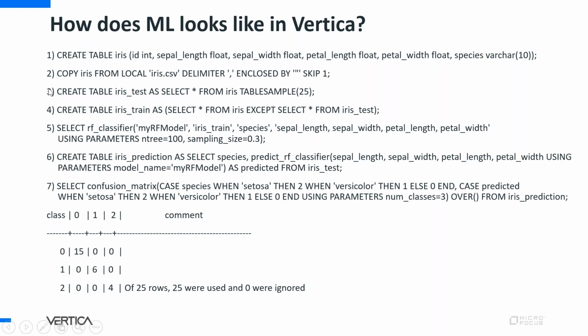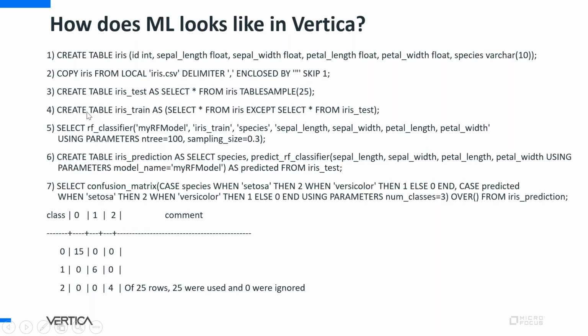Test data is generally in the range of 20 to 30% of the whole data, and you take 75% to 80% as training data. So you create a model, then do some prediction using the test data, and check whether the model is correct or not.